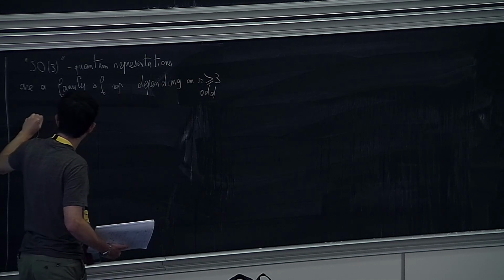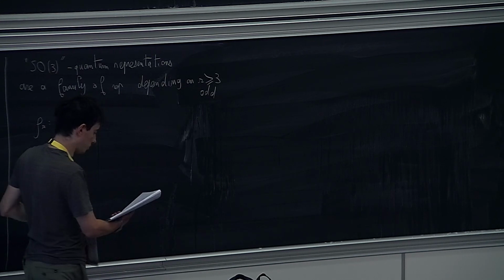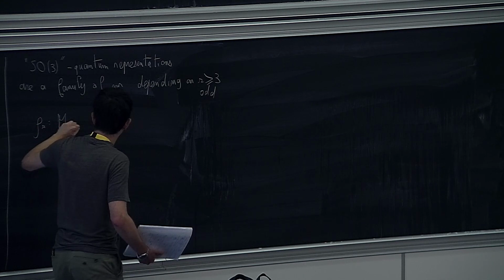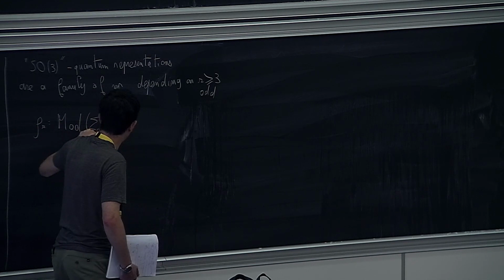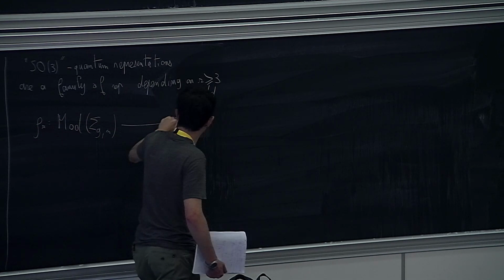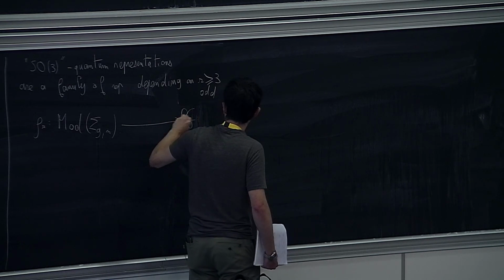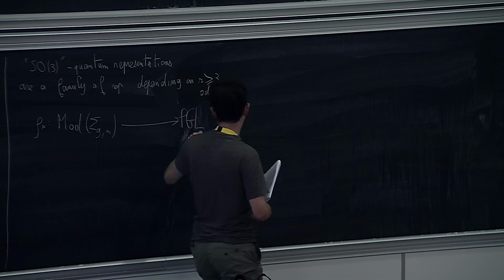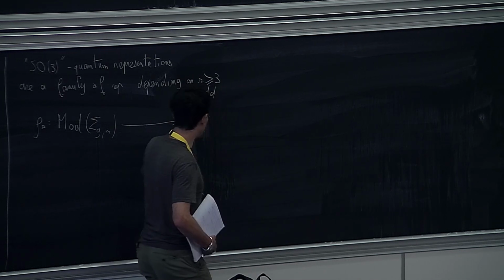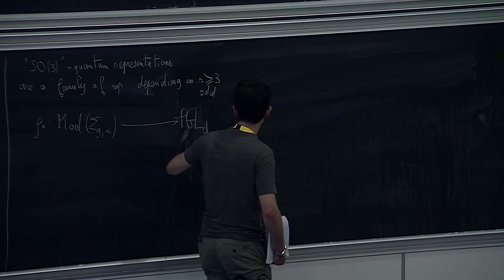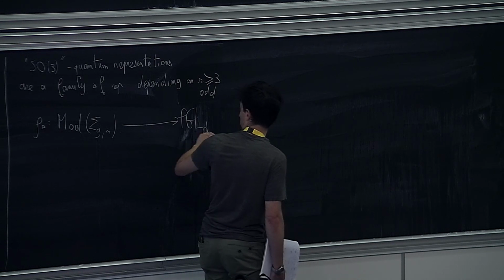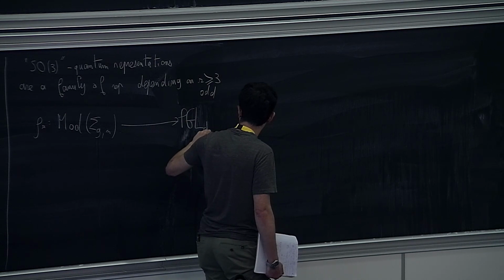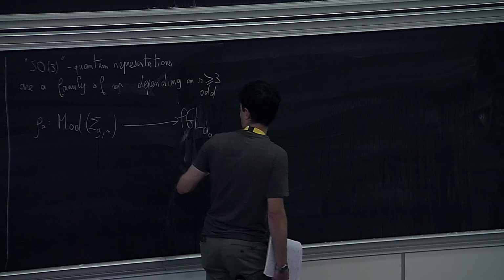And for each such parameter, I will get a representation which goes from the mapping class group of sigma G,n into the projective group PGL D, where D is some integer which depends on n, G, and r.